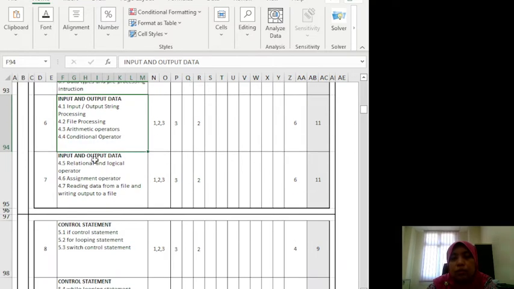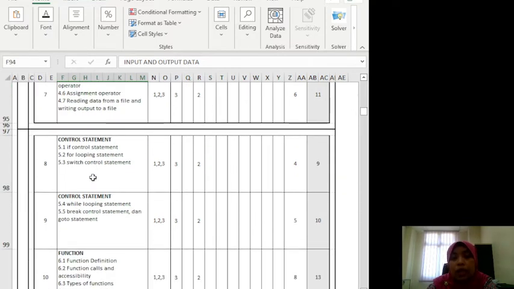Alright, so we split it into 2 and cover it in 2 weeks, and then you go to chapter 5 in week 8. What is the control statement: if, else, for loop, switch, control loop and everything.